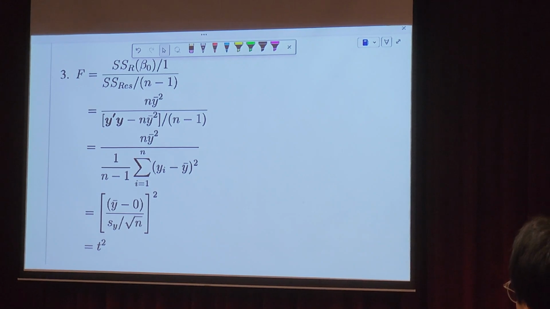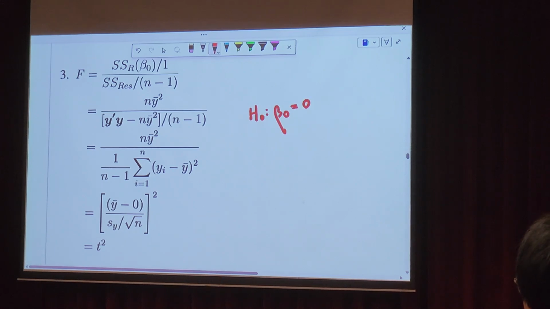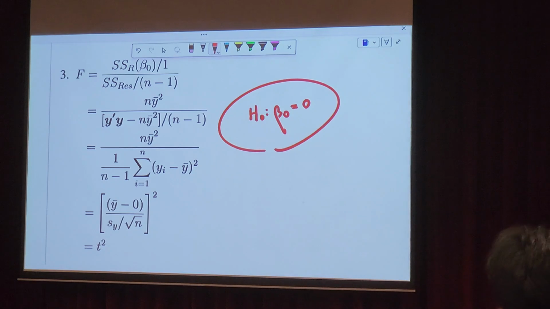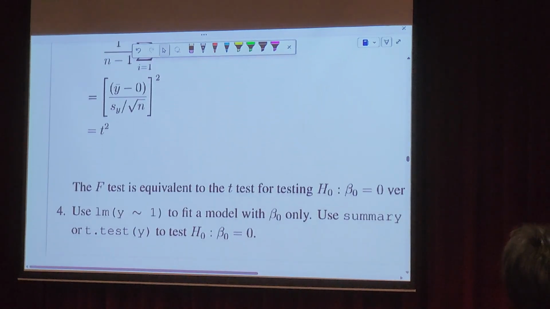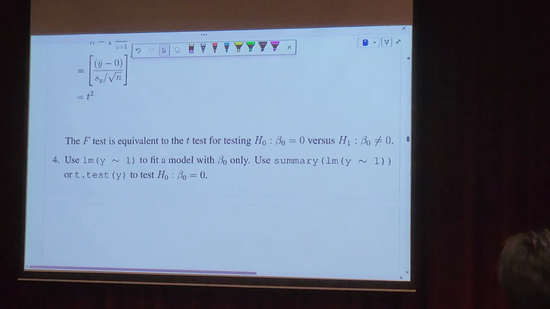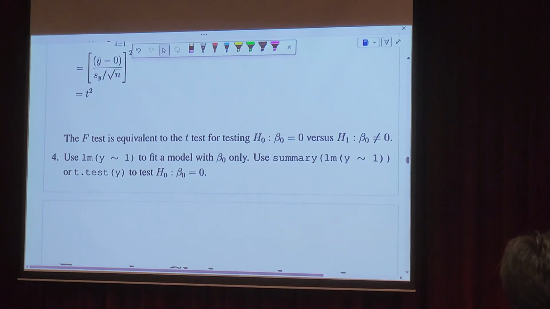For this simple case, of course, both are for testing whether beta naught is 0. That's what both are testing. So the F-test is equivalent to the t-test for testing this.